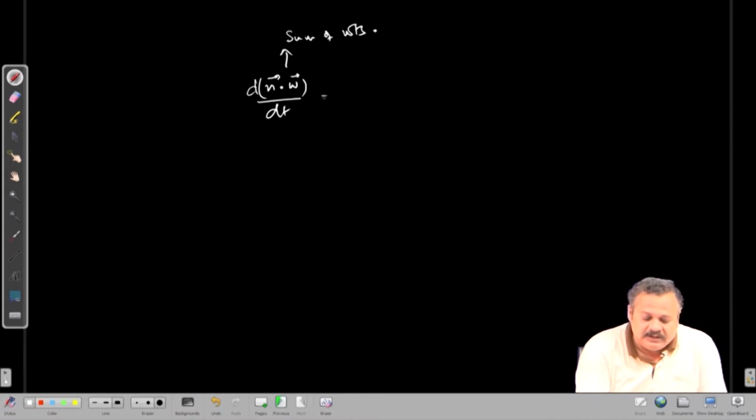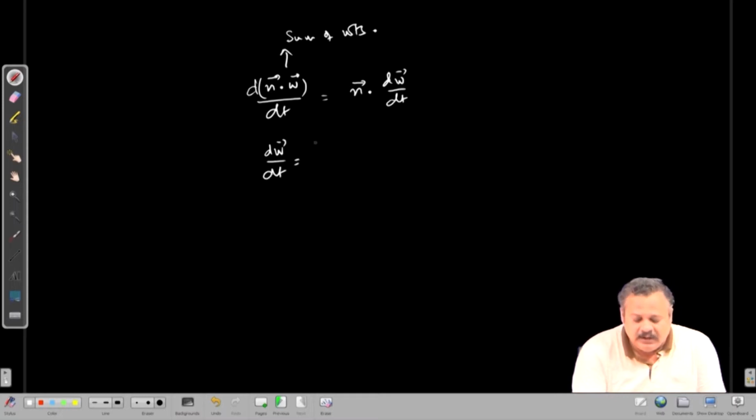This is nothing but the n vector dot dw/dt, and from our previous expression, we have dw/dt equals v u minus v (n dot u) times n divided by N_B.